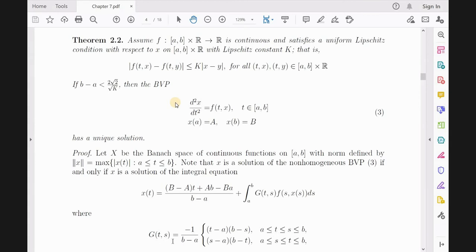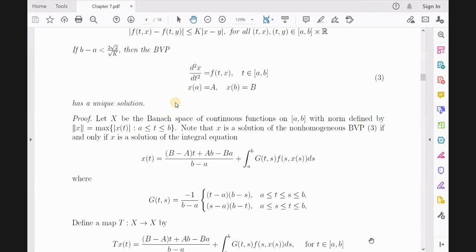Also g(t,s) is minus 1 over (b minus a) multiplied by (s minus a) into (b minus t), where a is less than or equal to s less than or equal to t less than or equal to b.